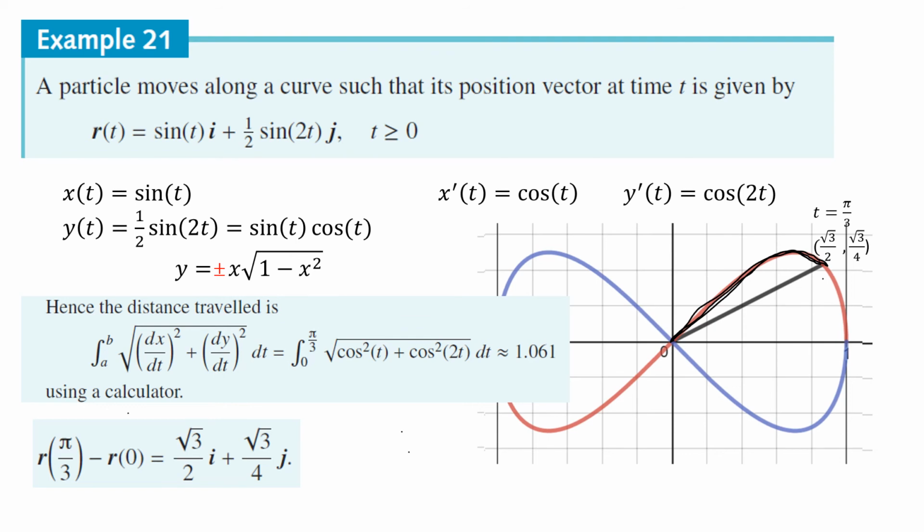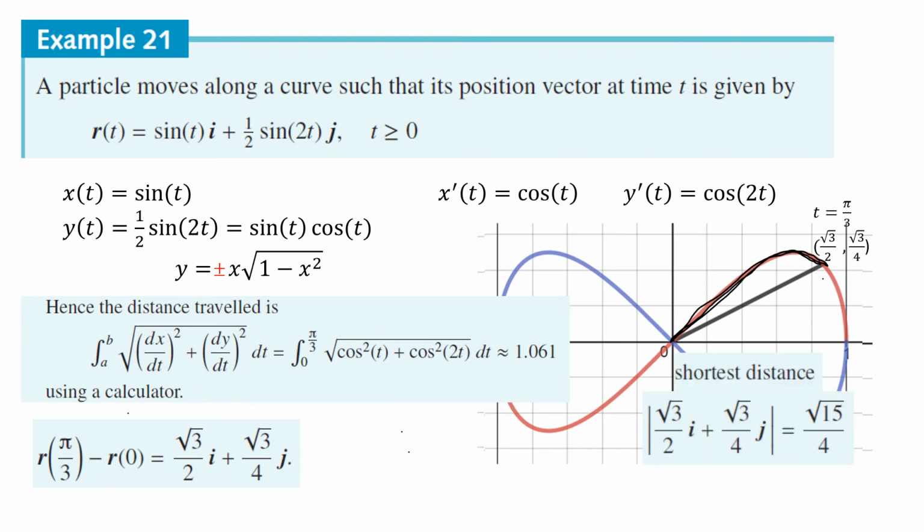So effectively that's the position vector pointing to the point on the path at t equals pi on 3 given by that rule. The shortest distance is therefore the magnitude of that position vector, and you get root 15 on 4, approximately 0.968. So you can see it's less than the distance traveled around the curve to that point.